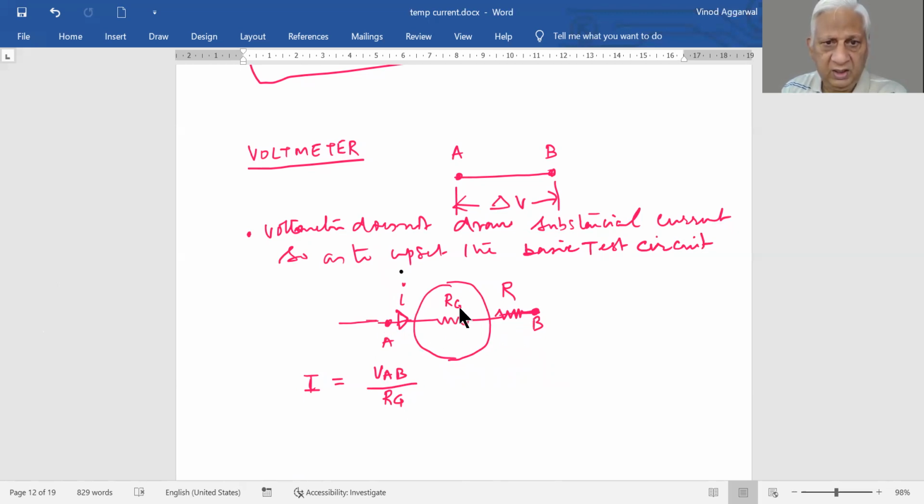The total resistance will be Rg plus R. Now, if we make this R very high, then obviously this current will become low, and that will serve our purpose. So this is the relationship.